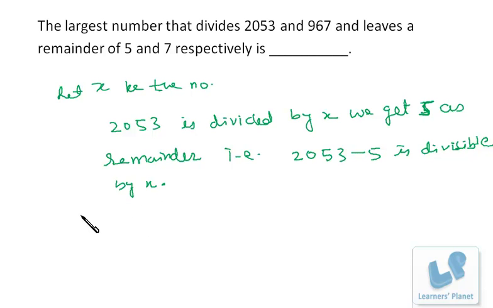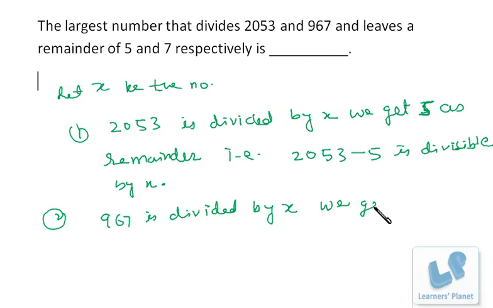And the second thing is, if 967 is divided by x, we get 7 as remainder.